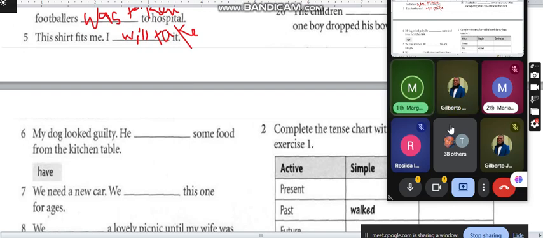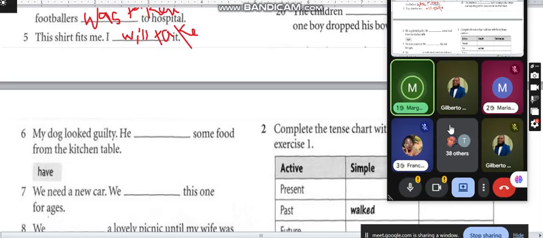My dog looks guilty. He took some food from the kitchen table. I use active voice because he did an action. Okay, active voice. But then what tense?